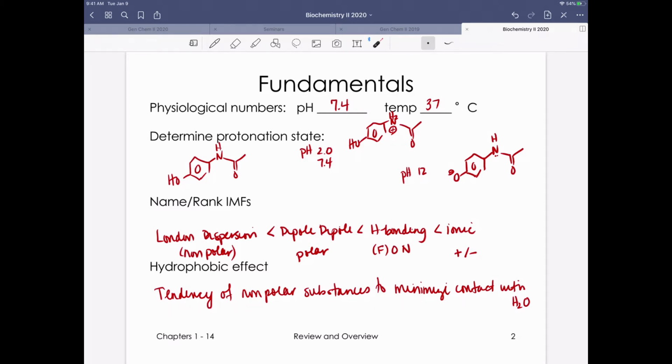Defining the hydrophobic effect. So again, the tendency of nonpolar substances to minimize their contact with water. Lots of applications of this. We can use it to describe why proteins fold and put nonpolar amino acids in the interior. We can use it to describe why micelles form or why lipid bilayers form. So a lot of applications of kind of a basic definition for the hydrophobic effect.